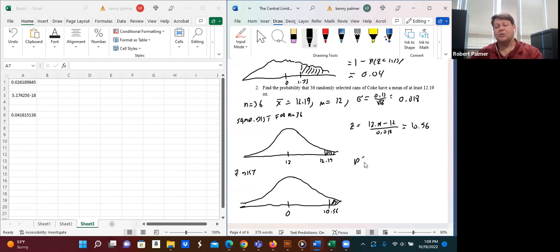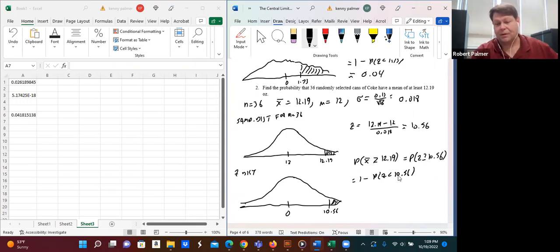So it's going to work essentially the same way. The probability that x bar, our mean, is greater than or equal to 12.19 is the same as the probability that z is greater than or equal to 10.56. And that's going to be equal, in the same way, to 1 minus the probability that z is less than 10.56. So let's do that over here on Excel again, just as we did.